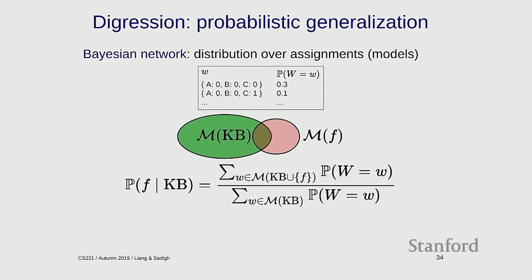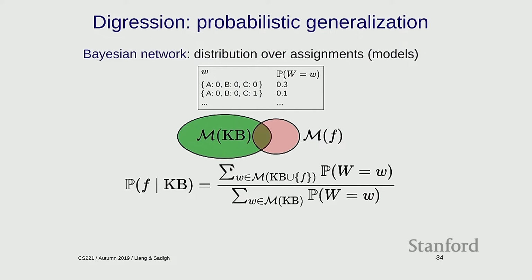And we can think about the relation between a knowledge base and F as also having an analog in Bayesian network land, given by this formula. Remember, a knowledge base is a set of models or possible worlds, so in probabilistic terms, it is an event.